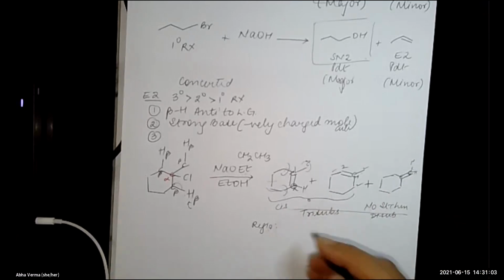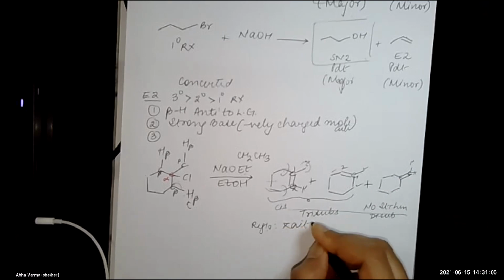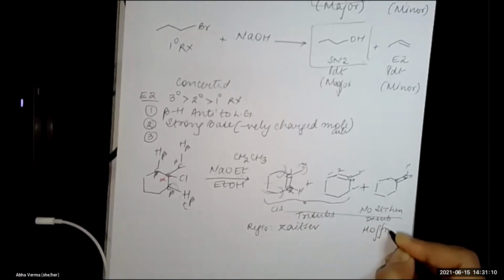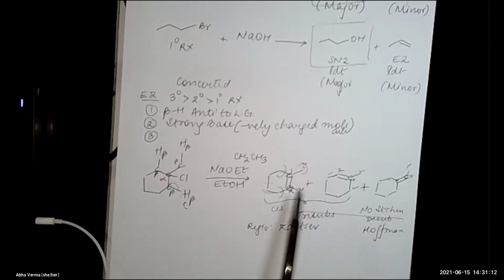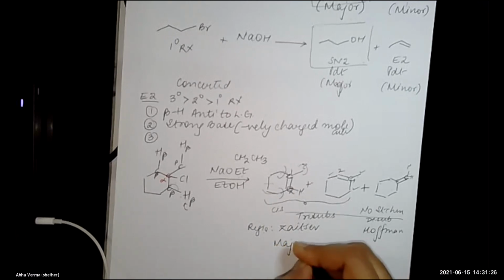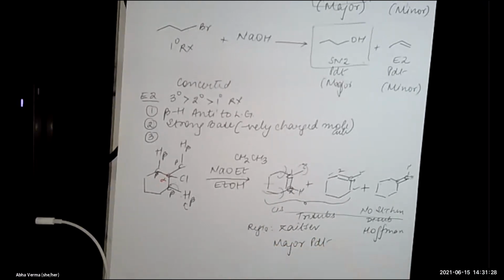And so regiochemically, this is Zaitsev. Regiochemically, this is Hofmann. Which out of these two, the tri-substituted Zaitsev or the di-substituted Hofmann, is going to be more stable? This is going to be your more stable alkene, and hence this is going to be your major product.